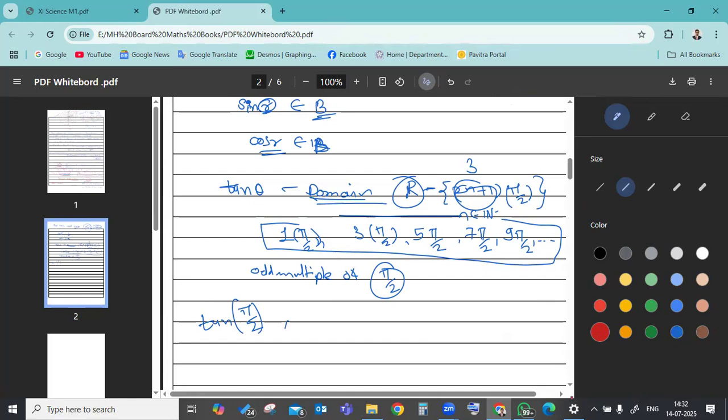Tan 3 pi by 2 is also not defined. Tan 5 pi by 2 is also not defined. Tan 7 pi by 2, these are not defined values. Understood? Getting it or not?